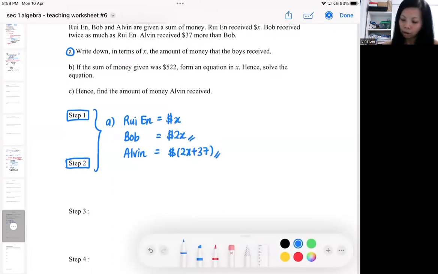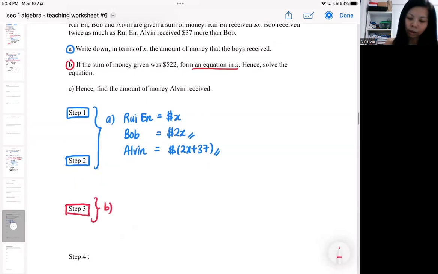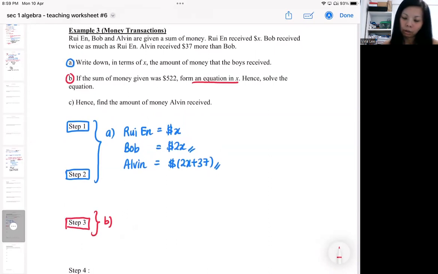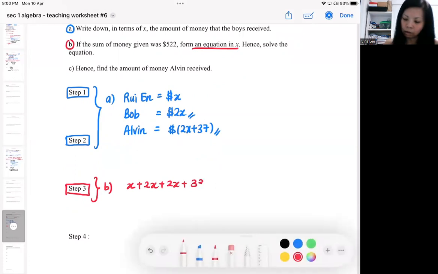Then for part B, we are going to form the equation. Forming the equation is like step 3. So I'm going to form the equation. The sum is 522, so I'm going to add them up, and that's how I form the equation.